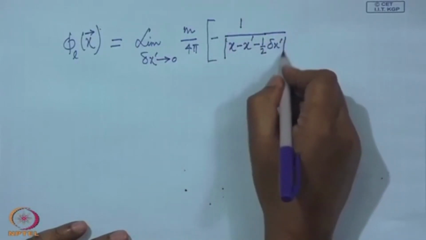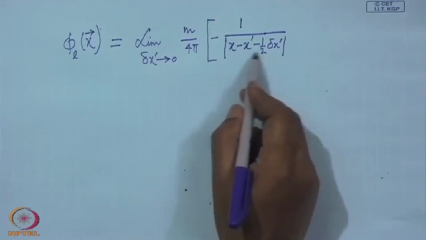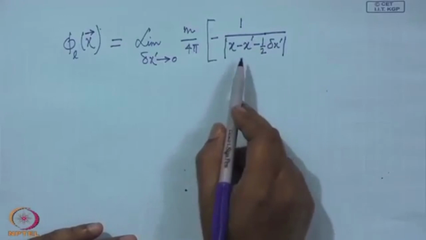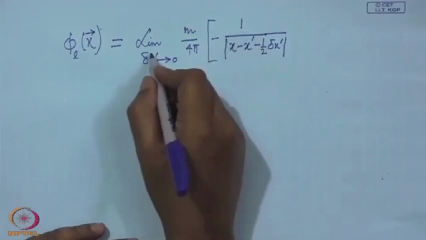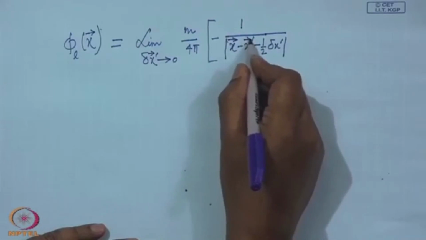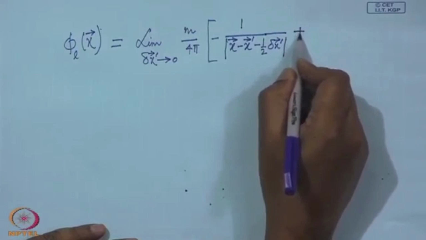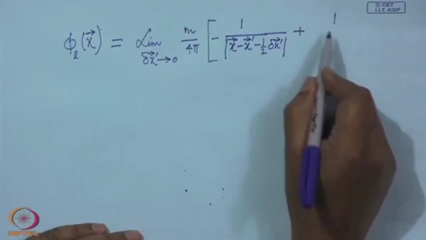M by 4 pi r is phi e for a point source, minus m by 4 pi r, this is the r. Plus the sink one.